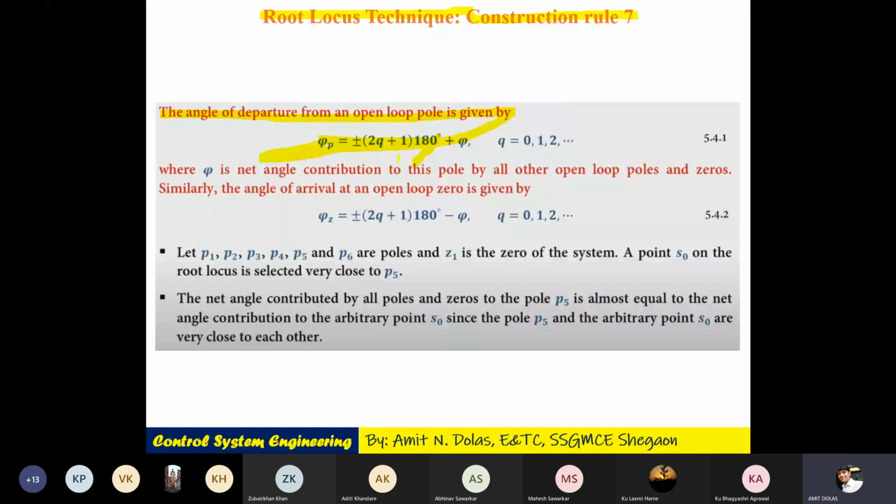We'll see what that phi is, where the Q value is 0, 1, 2, and so on, for all other open loop poles and zeros. Similarly, the angle of arrival at an open loop zero is given by phi z, which is equal to the angle condition minus the total angle contributed by all poles. And again, the Q value is the same.